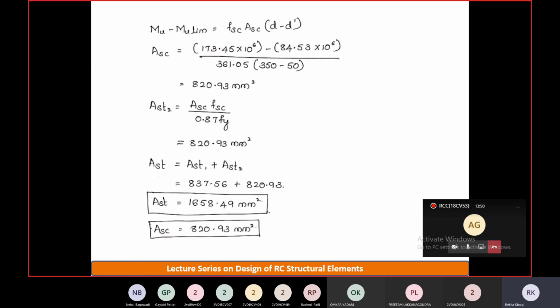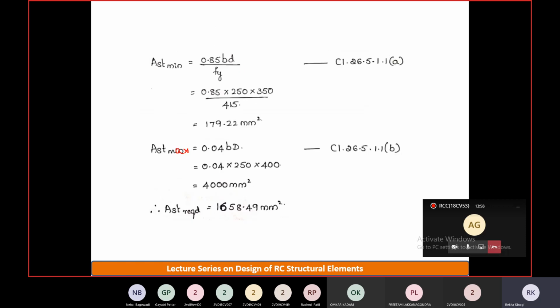Once Ast and Asc are calculated, the next step is to assume the diameter of the bar and then calculate the number of bars required. We also calculated the minimum Ast and maximum Ast according to clause 26.5.1.1 of IS 456.